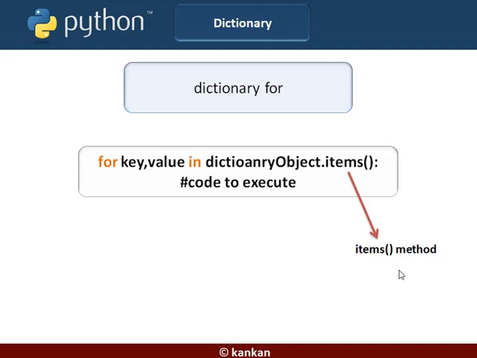As long as keys exist, all the items will be visited one by one. The first part, the key, will map to the key part, and the second one, the value, will map to the value part.